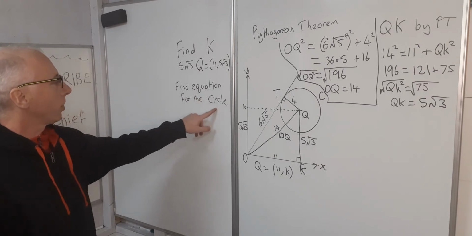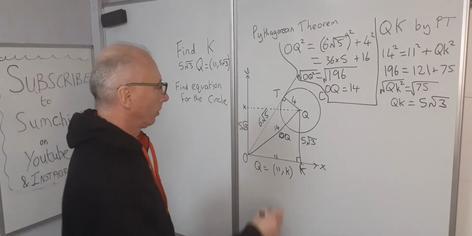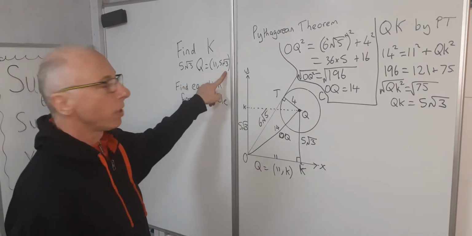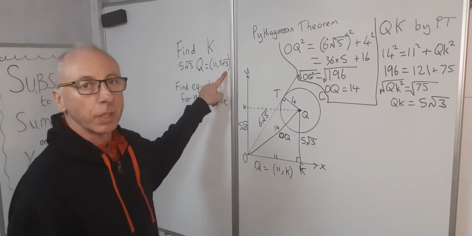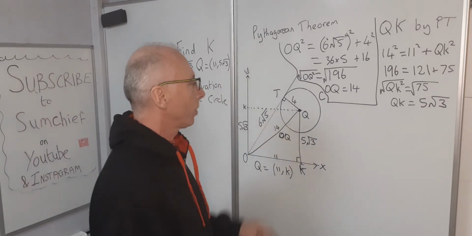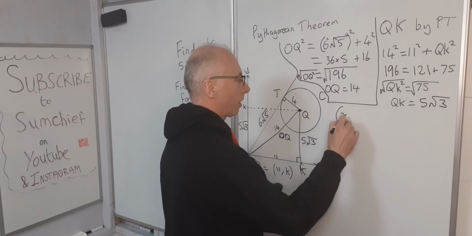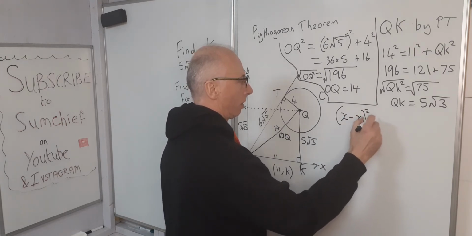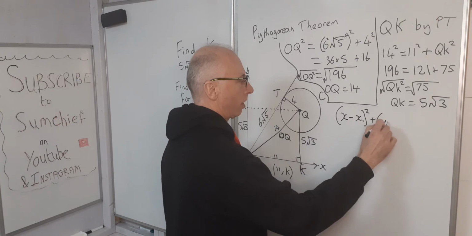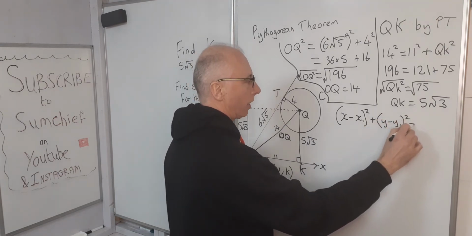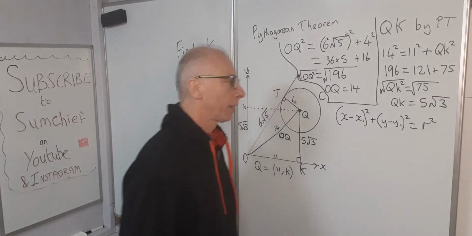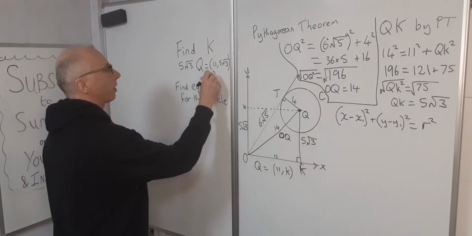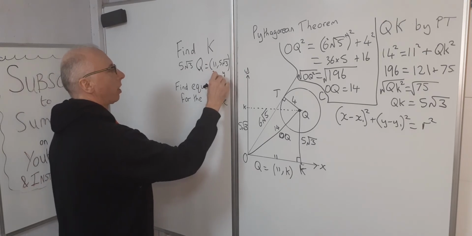Now we need to find the equation of the circle, so this circle here. As we know the coordinates of Q, we can use this to make the equation for the circle. So the equation for the circle is (x minus x1) squared plus (y minus y1) squared equals the radius squared. So that's our x1 and that's our y1.